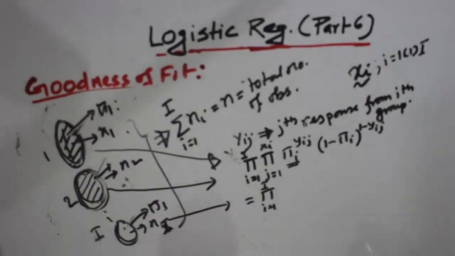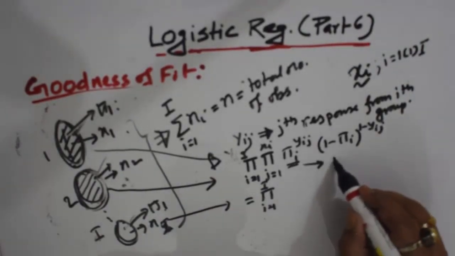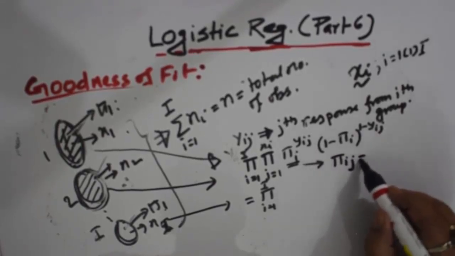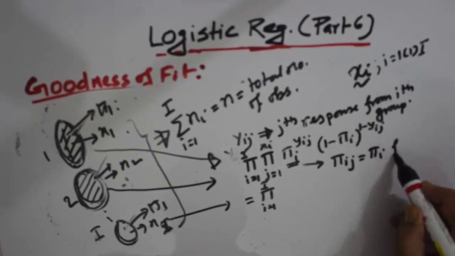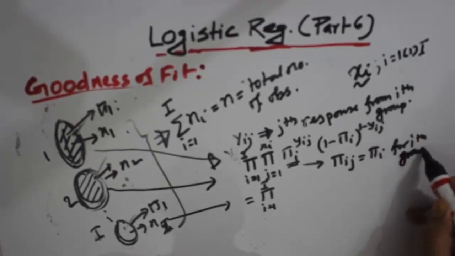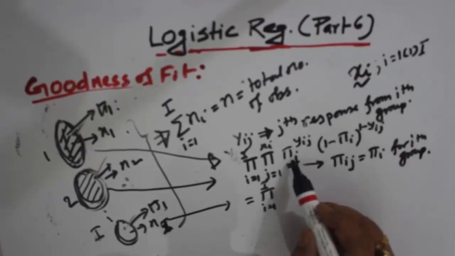So basically pi ij is pi i for the ith group, so instead of pi ij I write pi i.